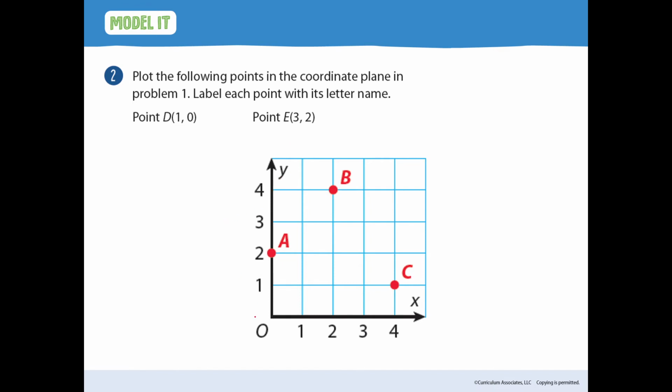So point D is over 1, up 0. So this right here would be point D. And point E is over 3, up 2. So point E is located right here. Now notice that we always put the points where the lines cross, not in the middle.